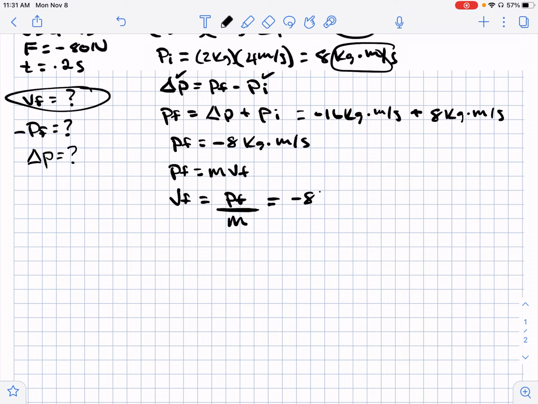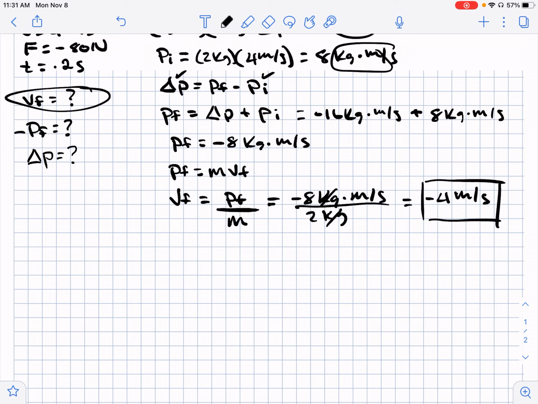So we have negative 8 kilograms times meters per second divided by the mass of the object, which was 2 kilograms. My kilograms are going to end up canceling there. And I'm left with negative 4 meters per second. Or I could say 4 meters per second to the left.